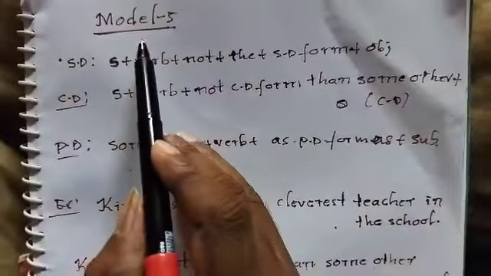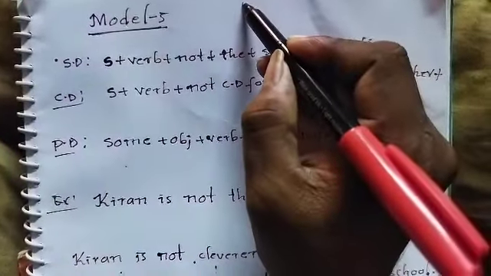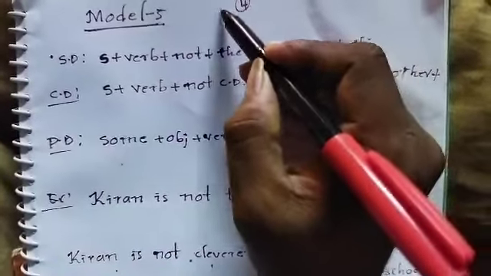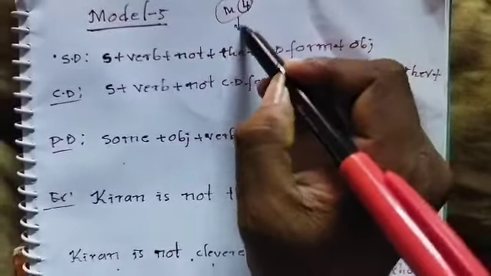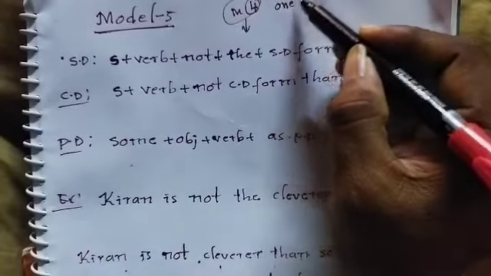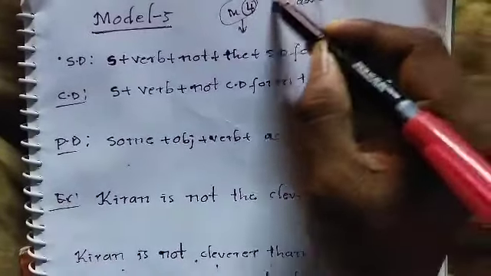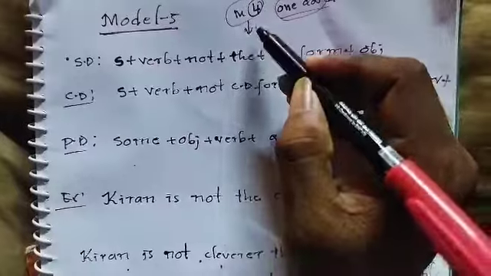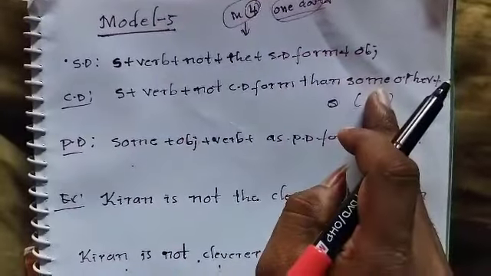Model 5. Before that, model 4. Model 5 is the opposite of model 4. In model 4 only one is the cleverest, and in model 5 it is quite opposite.